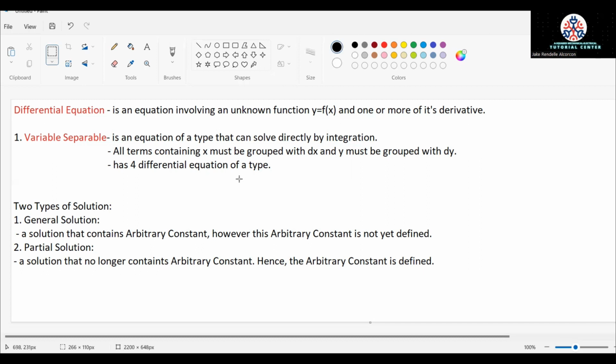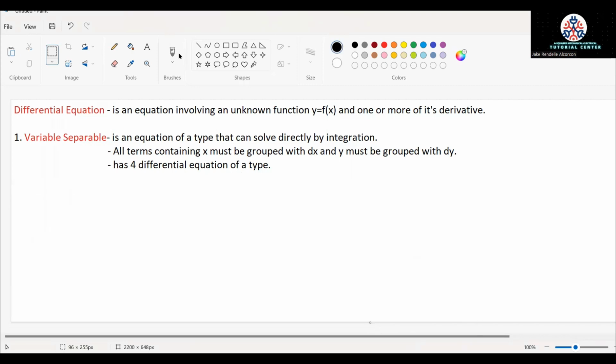So for example, let's tackle the first differential equation type. The first type of variable separable is, let's say, dy over dx equals a function of x, where dy will be equal to a function of x times dx.